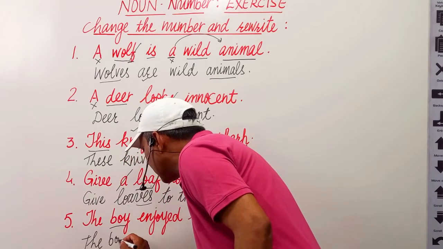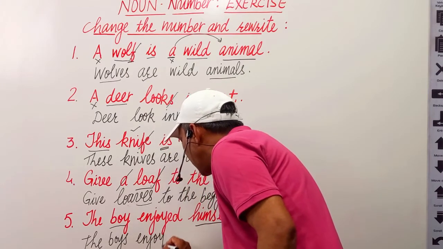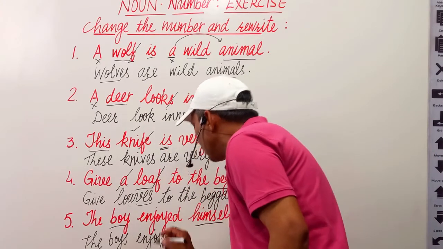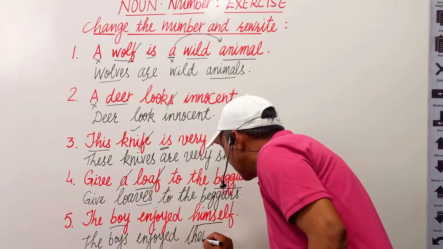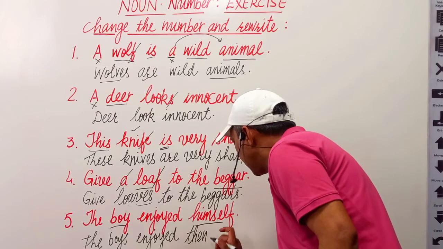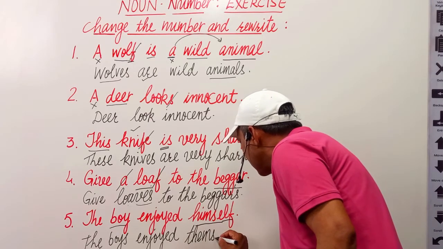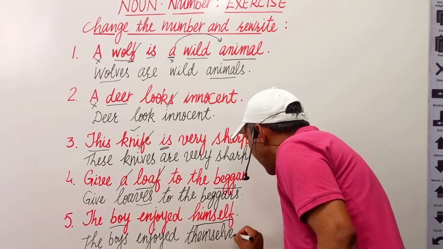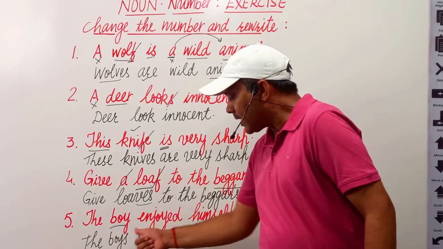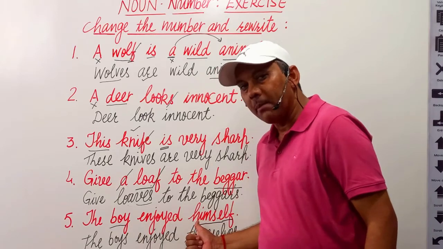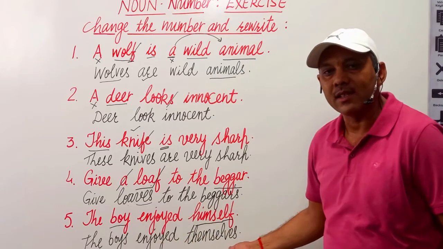The boys enjoyed. Now we have to change himself into plural, themselves. Them, and selves, themselves. After changing the number of the nouns, the sentence becomes, the boys enjoyed themselves.